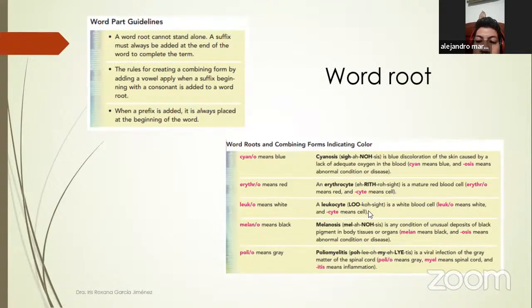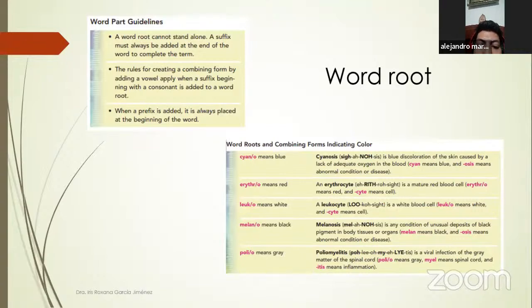Leukocyte is a white blood cell, and leuc means white, and cyte means cell. Melan or melano means black. Melanosis is any condition of unusual deposits of black pigment in body tissues or organs. Melan means black, and osis means abnormal condition or disease.